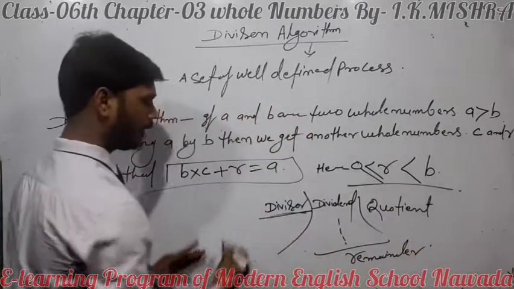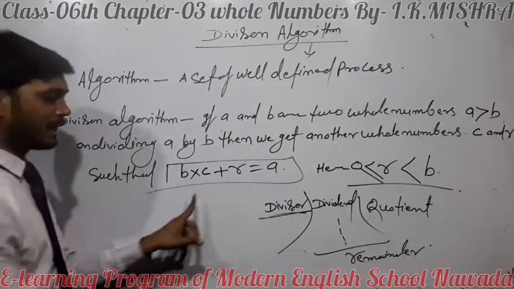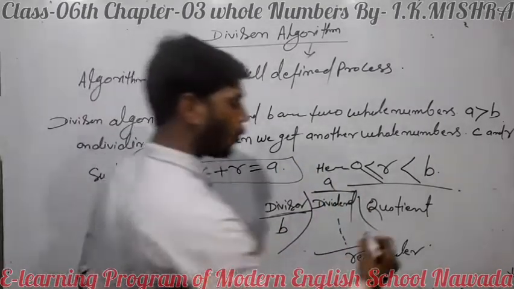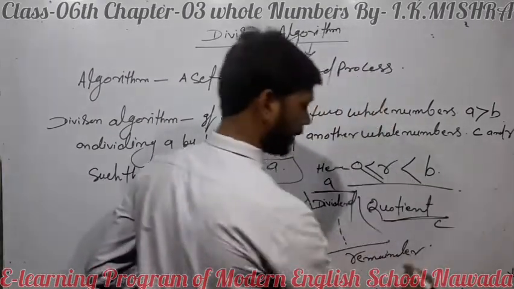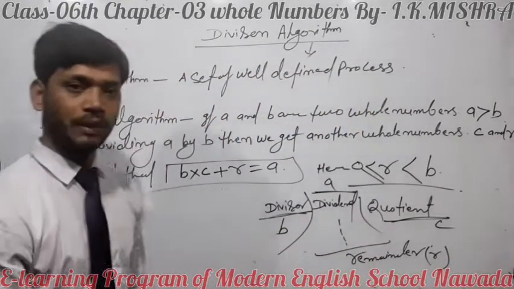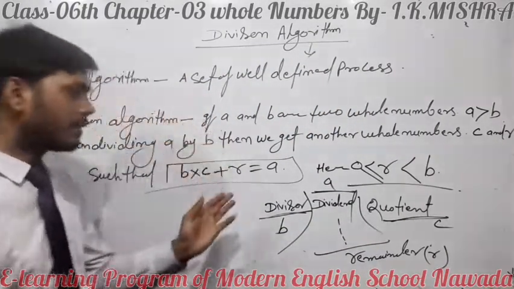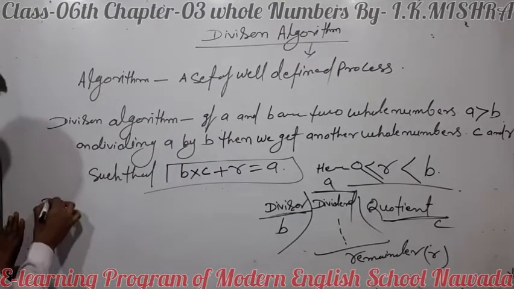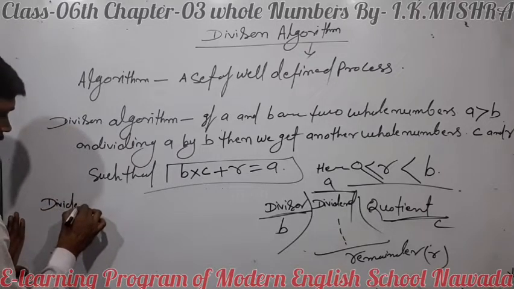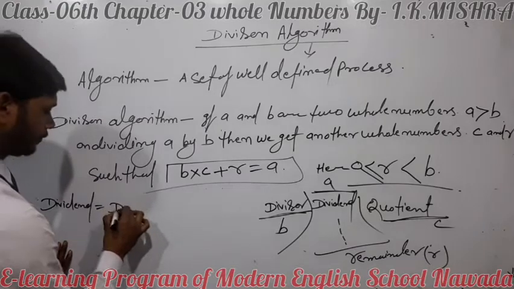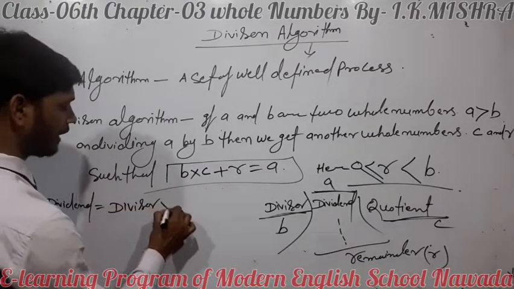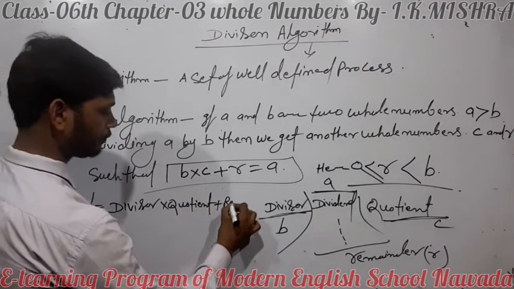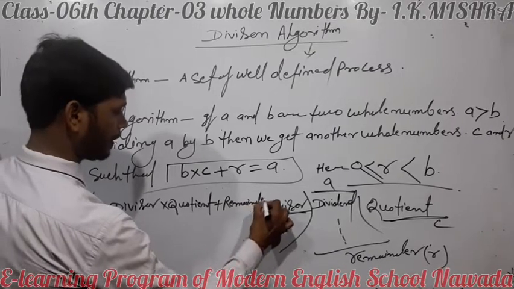Friends, according to this statement the divisor is B, the dividend is A, the quotient is C, and the remainder is R. That means according to the division algorithm, dividend is equal to divisor into quotient plus remainder.